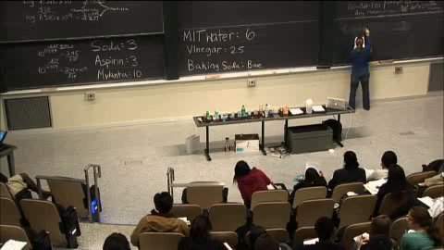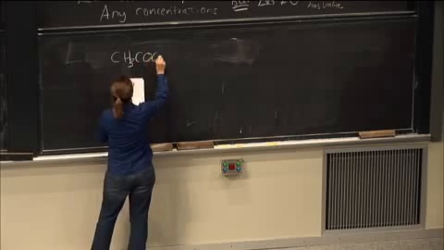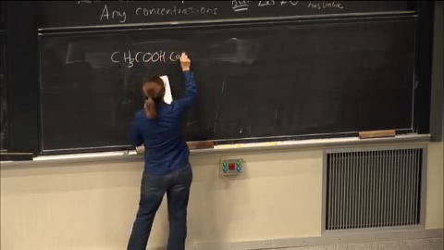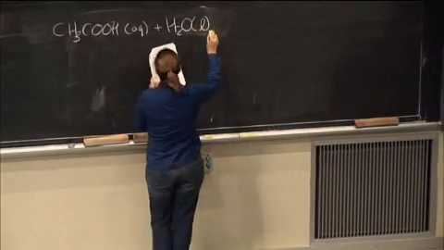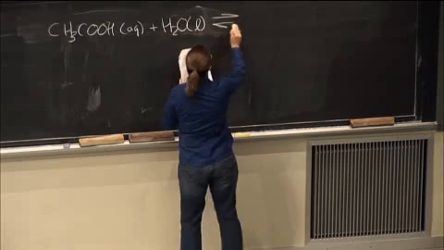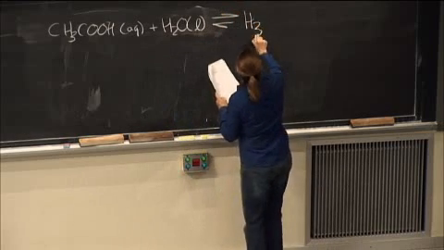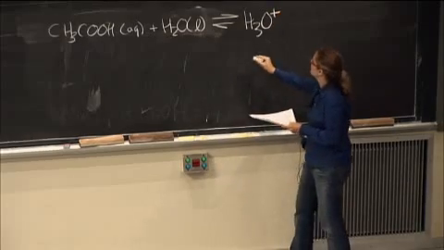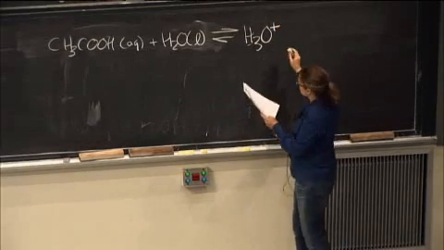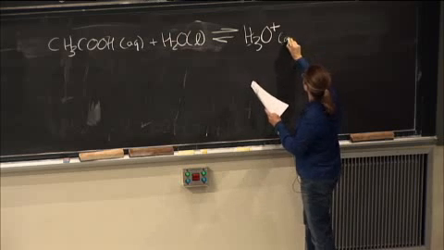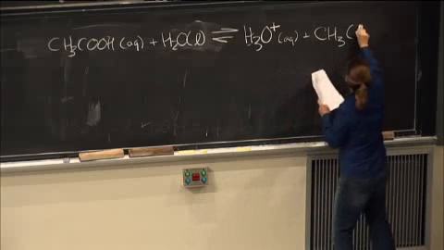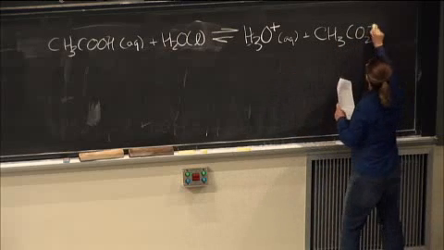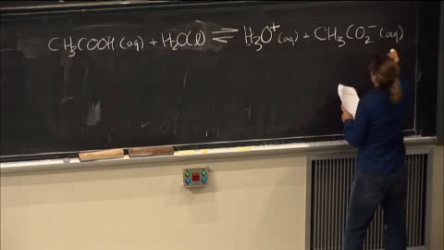Say we have CH3COOH, aqueous, so it's in water, which is our solvent. It's acting as an acid, so it's giving off a hydrogen ion to water, forming hydronium ion, and forming its conjugate base, which is missing its hydrogen ion.